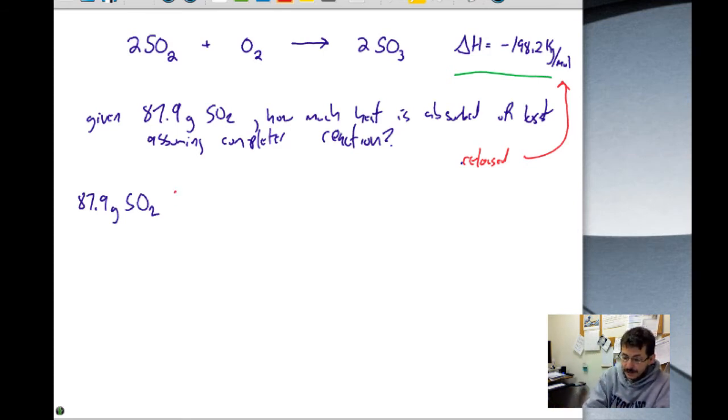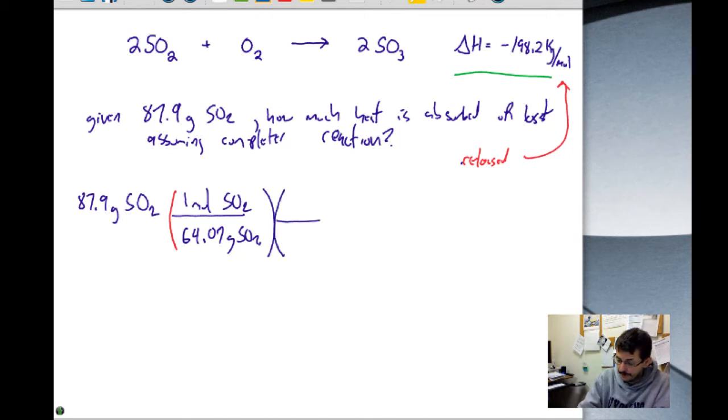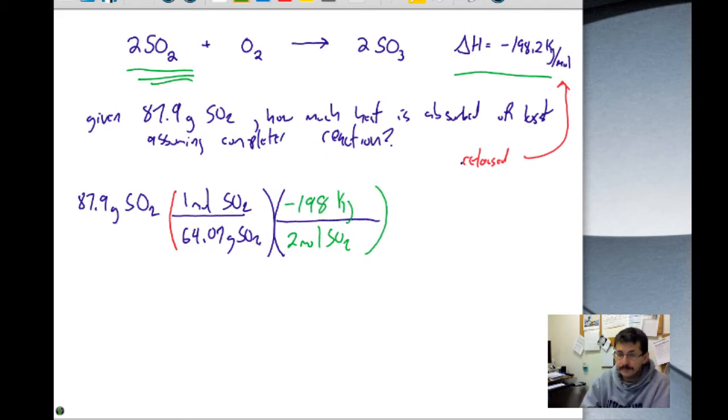So they have excess O2, and so we have to put this into effect. From the molecular weight of SO2, we can figure out the number of moles of SO2 used. But here, again, it's a stoichiometric quantity. So we know that for every 2 moles of SO2, that releases 198 kilojoules of energy, allowing us to calculate our answer.